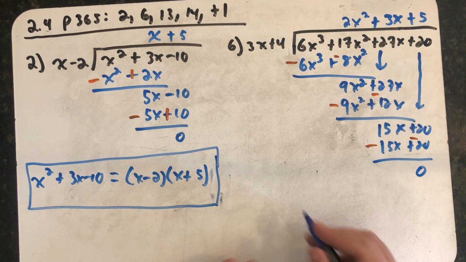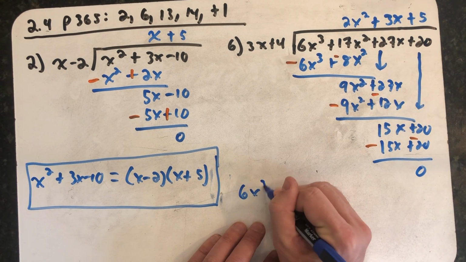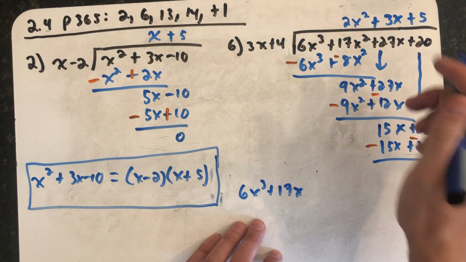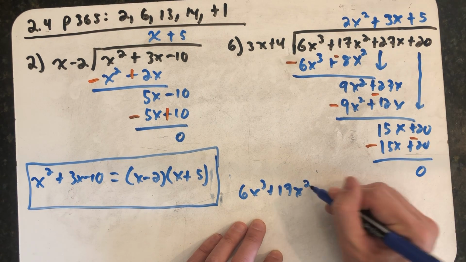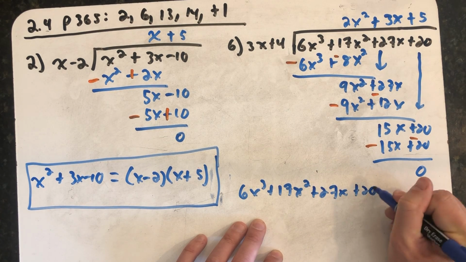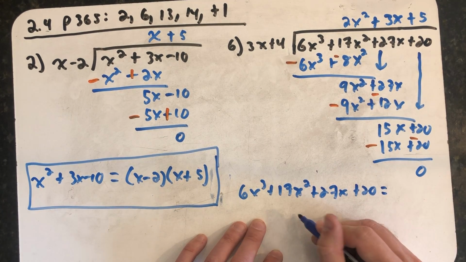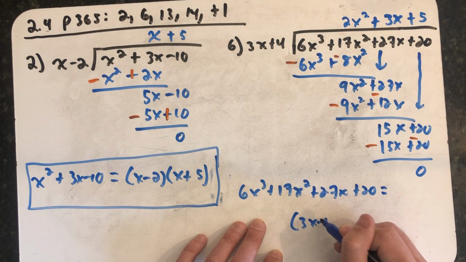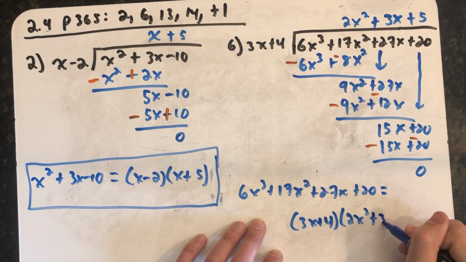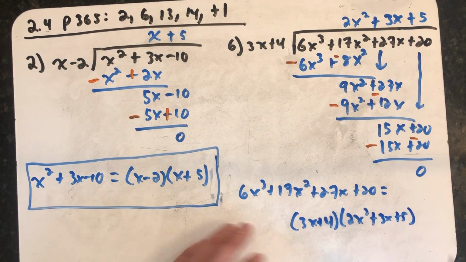Quotient, remainder. But again, the big thing I could claim here is that the function that I'm dividing into, the dividend or numerator, is equal to the divisor times the quotient plus the remainder, which here is 0.